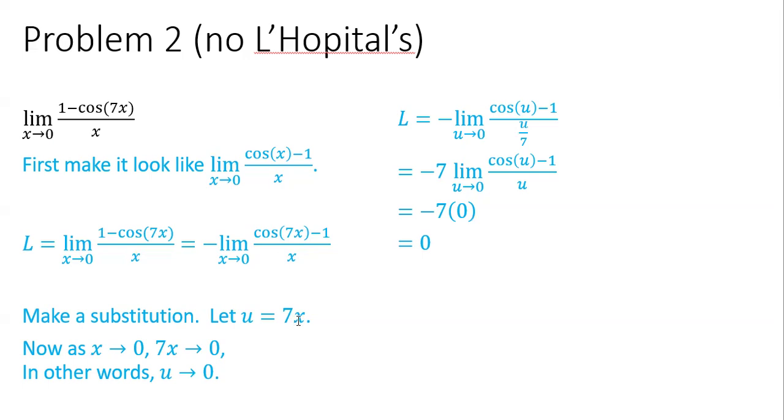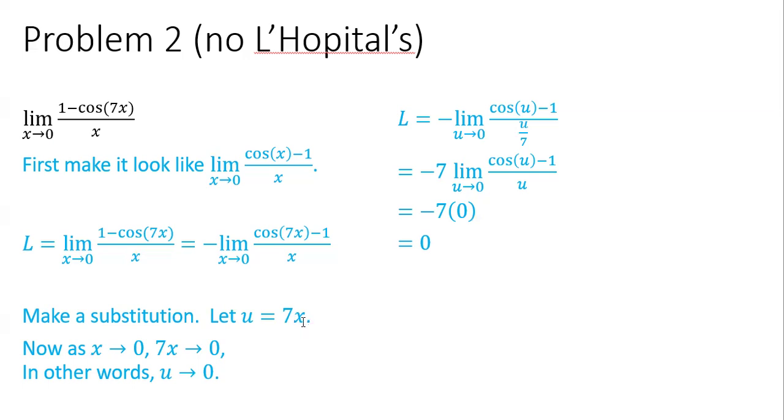So if you're here to review for the exam and you learned about u-sub in integrals and all that, this should be not new at all. But if you're here learning this and you didn't learn about integrals and all that yet, let's understand that we're just changing the variable. We're defining a new variable u, and we're saying that u is 7x. So what happens when x approaches 0?